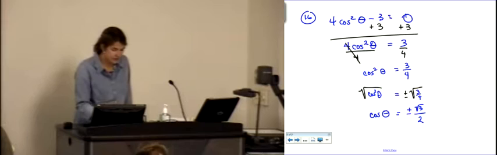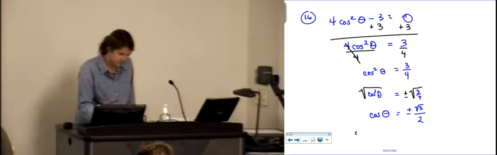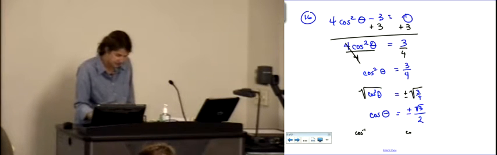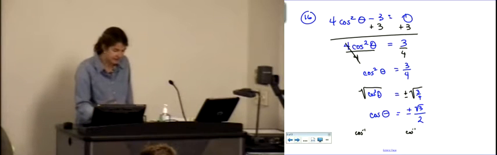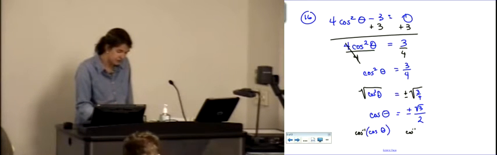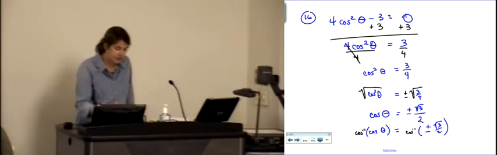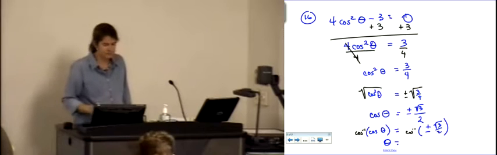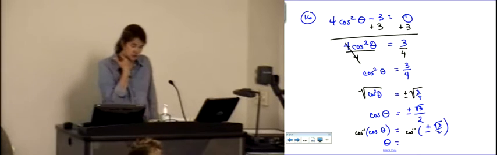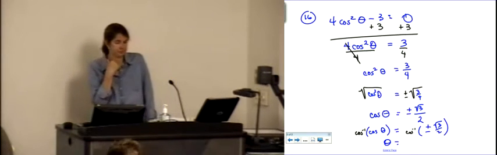Technically, what we're doing here is we're putting in the inverse cosine, and we know we're looking between different parameters now. All the angles that have the cosine values of positive or negative square root of 3 over 2.